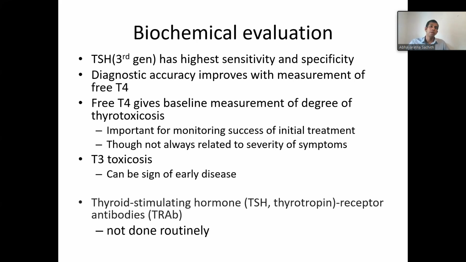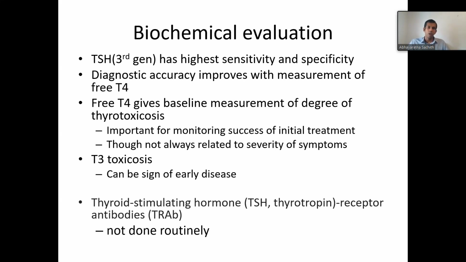For that, you need to look at the actual free T4 levels. T3 is optional, but doing T4 would be enough. Based on that, you decide on your starting doses of medicine. And the second thing is you can monitor how successful your treatment is if you follow up your T4 levels.